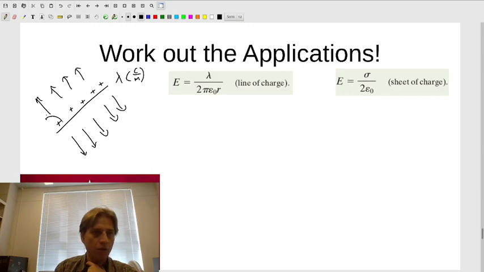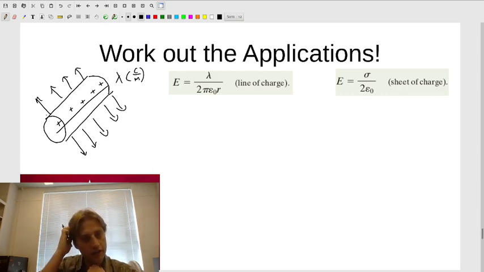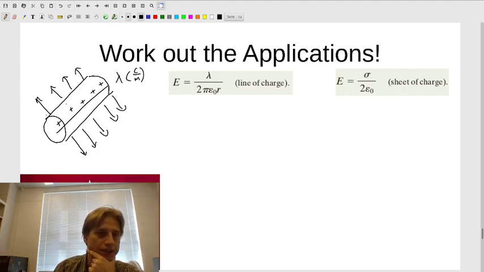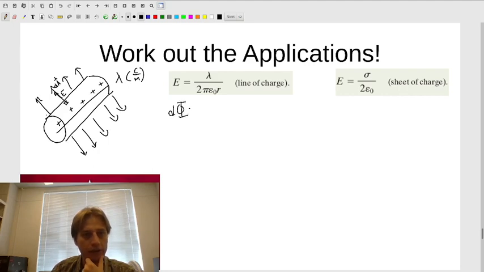And so if I want to construct a surface that's going to be easy to find the flux contributions from, it's going to look like this. And our little dA areas are going to look like this. And so we have our E pointing in the same direction as our dA. Okay, so our little d flux through that cylinder would be E times dA.